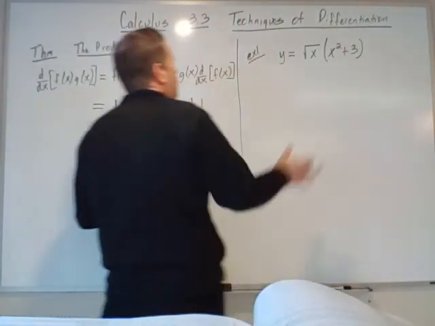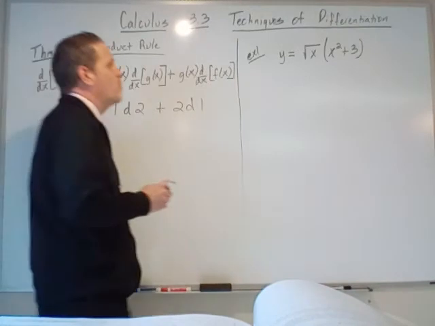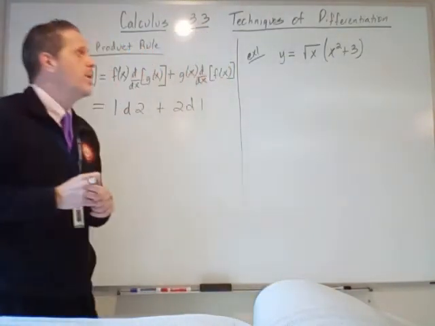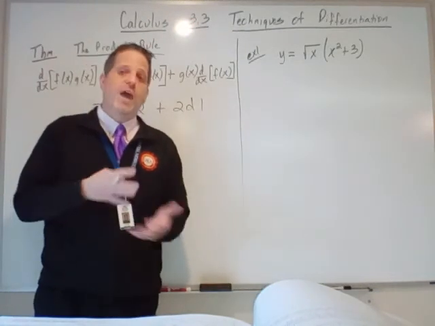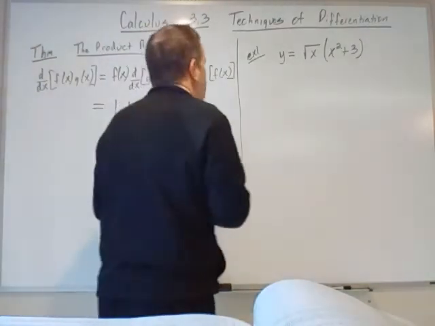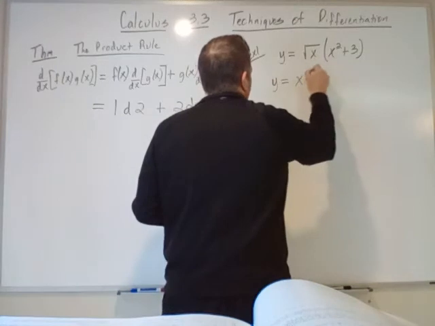We've got a function over here, and in this case, it's y equals the square root of x times the quantity x squared plus 3. Now, in this case, we do have powers of x, so to speak. We know that we can rewrite the square root of x as x to the 1/2 power.